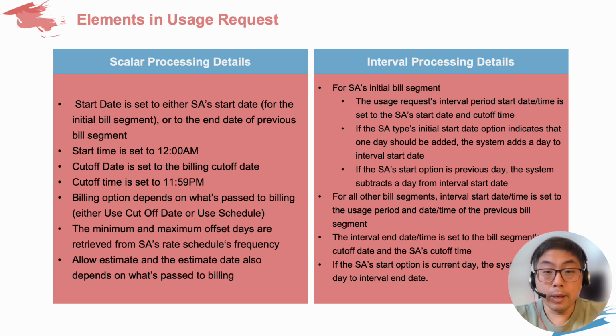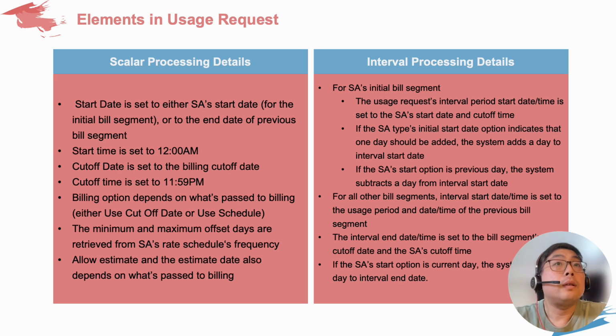If it's the second bill or the bill after, it just follows the end date of the last bill, which is determined by the end date of the last bill segment. When you look at the technical side of the bill segment, you always see what the previous segment is. It will always try to find the previous segment when the system is creating a segment. So that is where it determines where the start date is coming from.